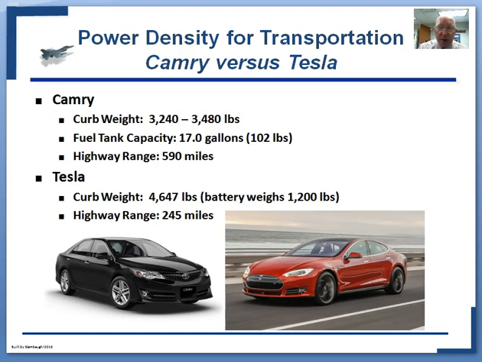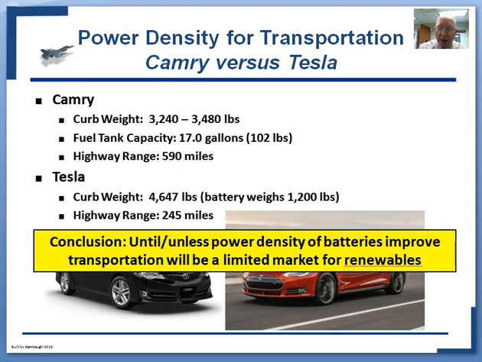Then we talked about the concept. I tried to use this discussion of the Camry versus the Tesla to highlight this very important concept of power density. And the reality is batteries do not provide pound for pound nearly the energy currently as do refined fossil fuels.